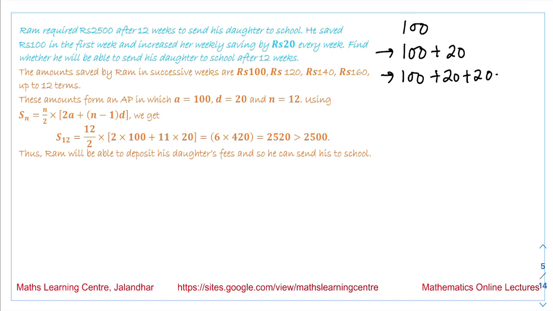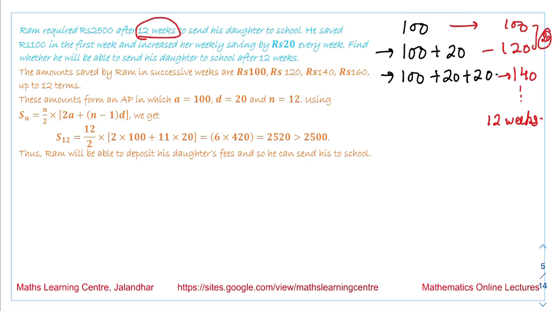The amount he saves every week is 100, 120, 140 and so on, and the number of weeks is 12. These amounts form an AP, and the common difference is 20.